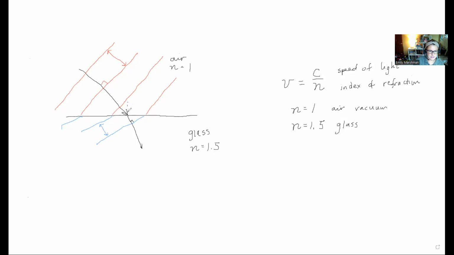And the normal is a perpendicular line that passes through the boundary of these two. So if this one's coming in at this angle with respect to this normal perpendicular to the surface, this angle right here we would call theta 2, and it's smaller than theta 1. That means that light is bent towards the normal.